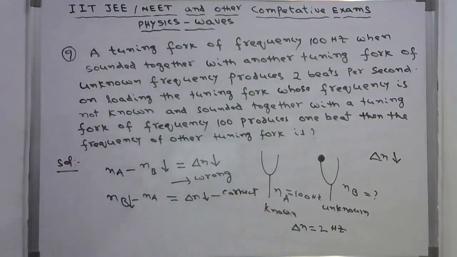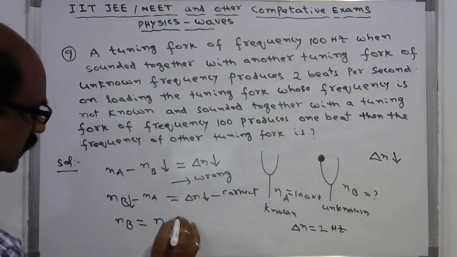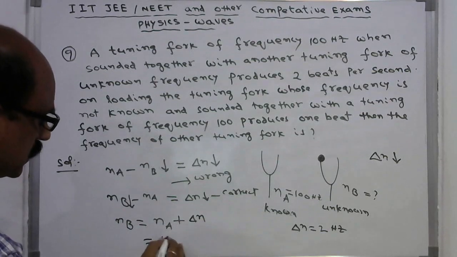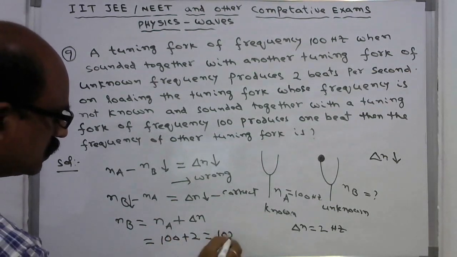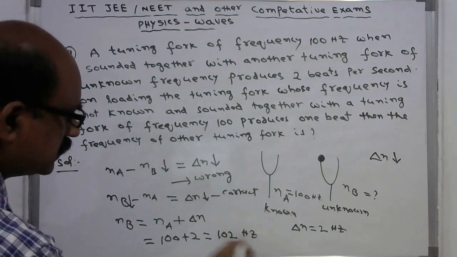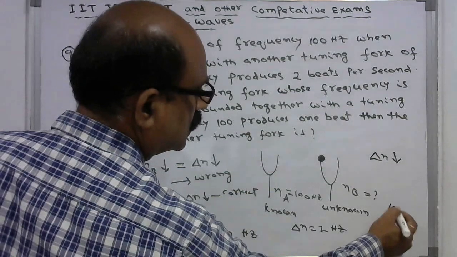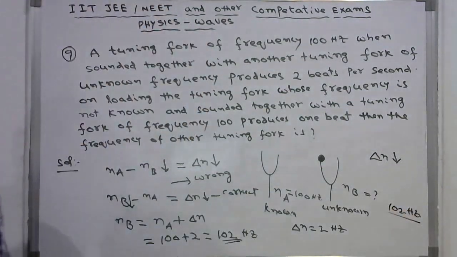This is possible. So now the frequency of this is equal to frequency of A plus delta N. So 100 plus 2 is equal to 102 Hz. That is the frequency of this, 102 Hz. This is how you have to solve the problem.